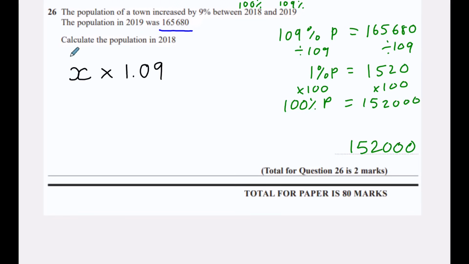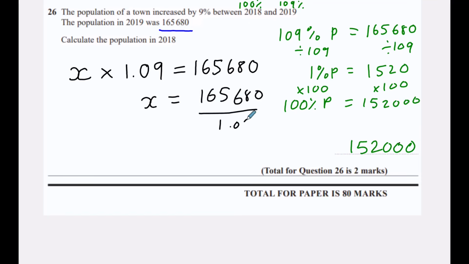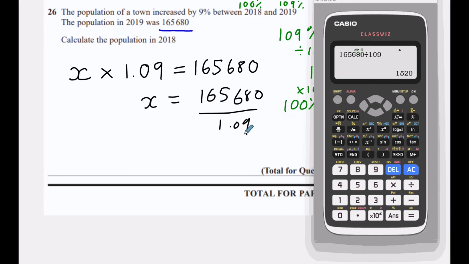So we had a number, we times it by 1.09, and then the answer was 165,680. And to get x by itself, we can divide by 1.09. And if we did that calculation, we would get the same answer.